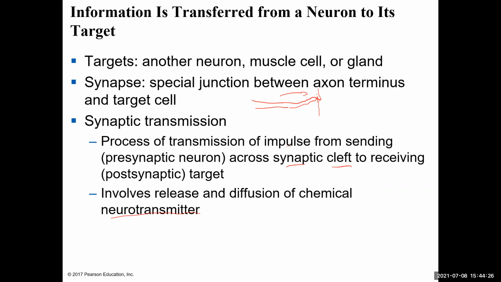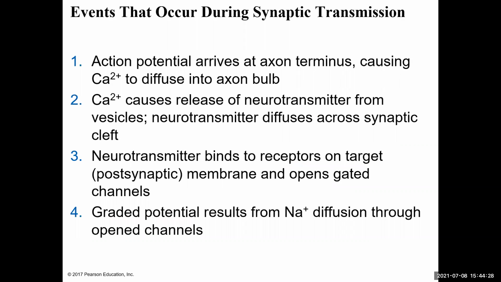Okay? And so when an action potential arrives at the axon terminus, what that action potential does is it causes calcium to diffuse into the axon bulb. So the bulb that's at the terminus of the axon. The calcium will then cause the neurotransmitter to release from vesicles.